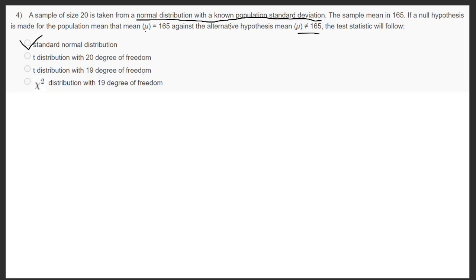So in the same question, if the word known changes to unknown, it would have resulted in the t distribution with 19 degrees of freedom. But since the population standard deviation is given, it is the standard normal distribution.